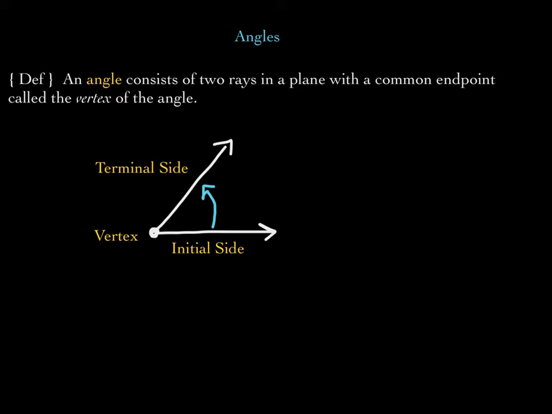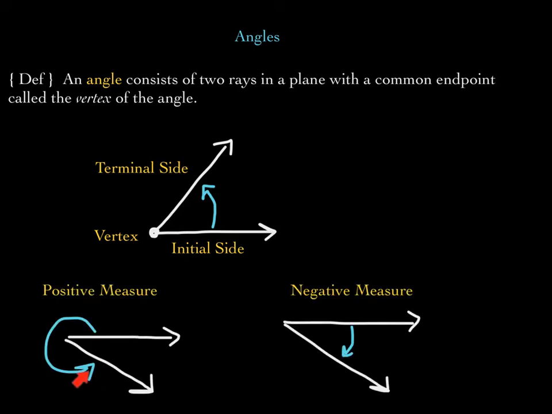Now, an angle opening counterclockwise, like this diagram here, would have positive measure. Any angle that opens counterclockwise is said to have positive measure. An angle that opens clockwise would have negative measure.